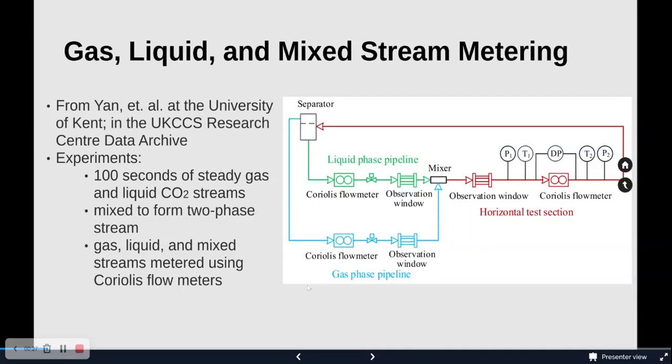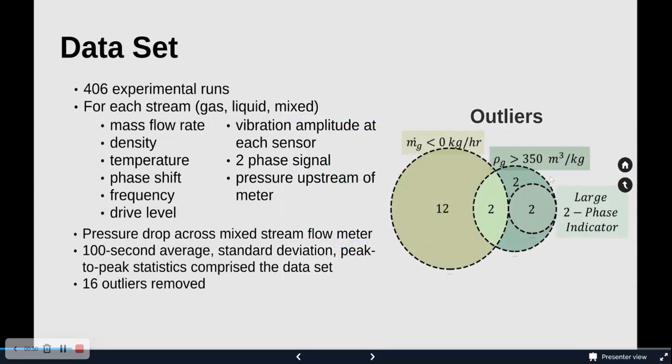What they did is measured the flow rates of liquid and gas streams using these Coriolis flow meters, mixed them, measured those flow rates, and tried to compare the actual flow rates from the single-phase system to the apparent flow rates in the two-phase system.